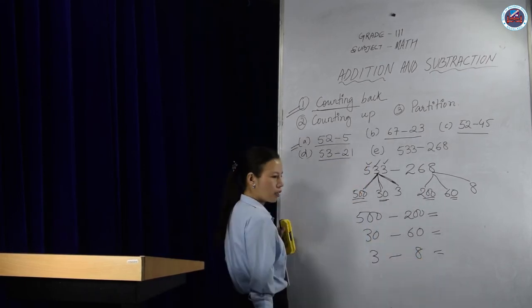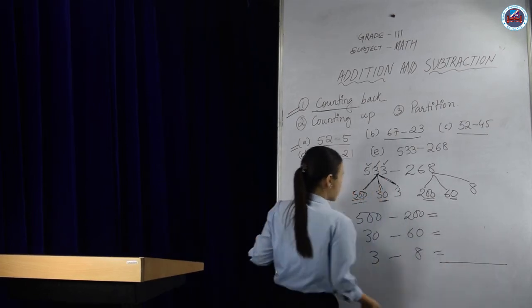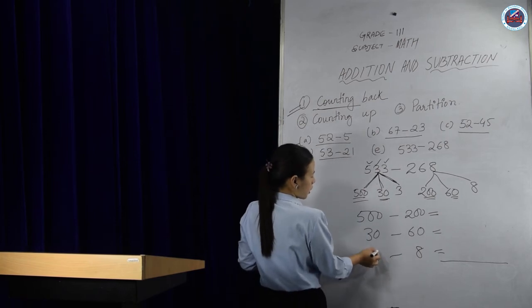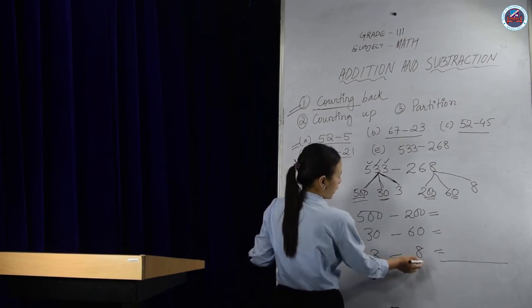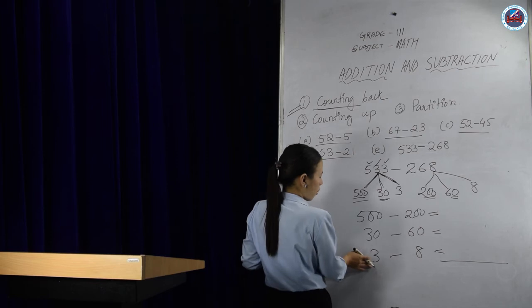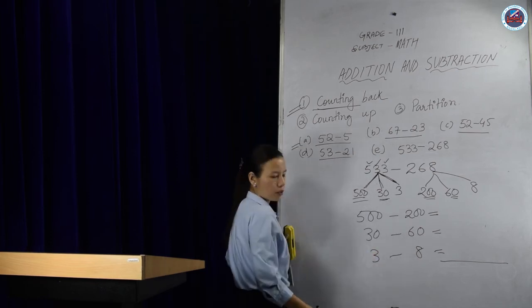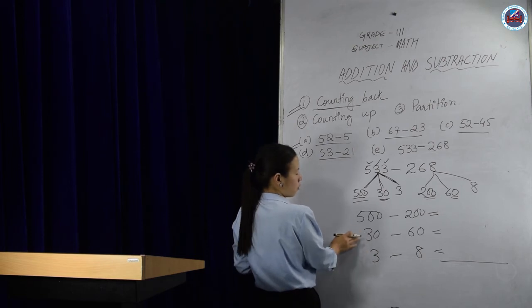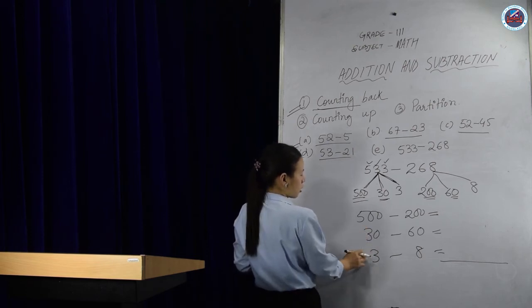So to subtract, start from the ones. Now when we look at these ones, the first number is 3 minus 8. It says to subtract 8 from this 3, which is not possible.